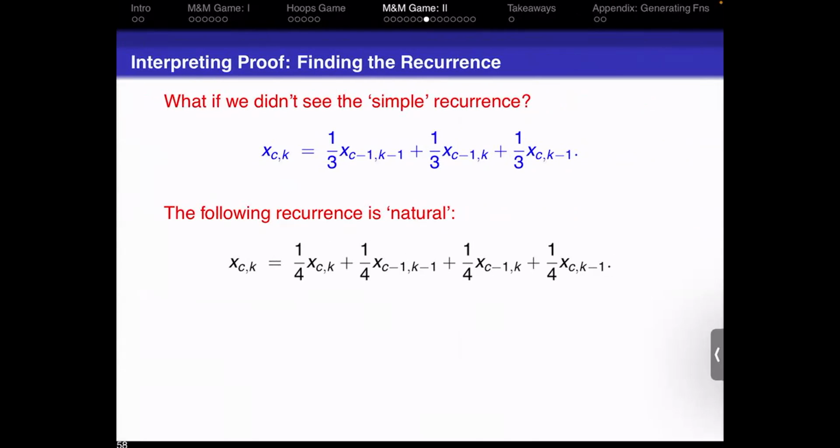So what should we do when you look at this equation? We have X_CK equals 1/4 X_CK plus 1/4 X_(C-1)(K-1) and so on. We could pull out the 1/4 from the right-hand side, but there's something better to do algebraically first. If you look at the left and the right-hand side, do you notice anything in common?